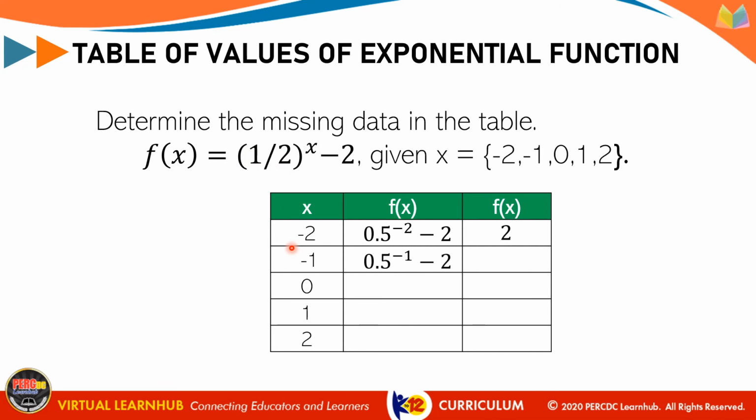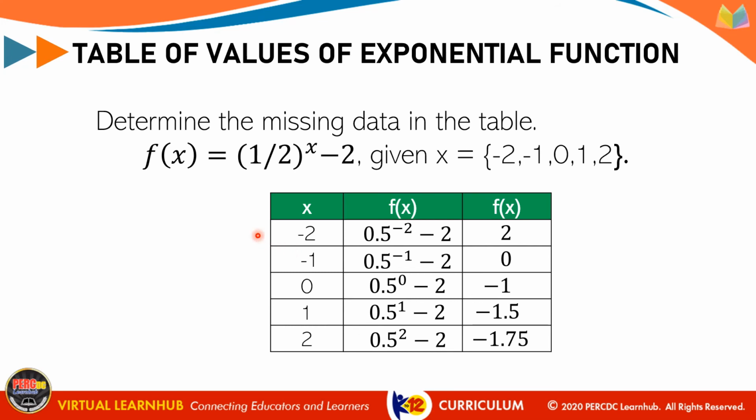0.5 raised to negative 1 minus 2, that is 0. 0.5 raised to 0 minus 2, that gives us negative 1. And 0.5 raised to 1 minus 2 gives us negative 1.5, and for x equals 2, we have 0.5 squared minus 2, that is negative 1.75.